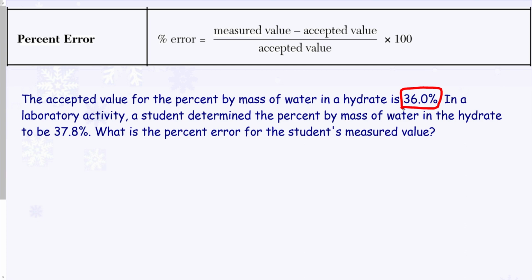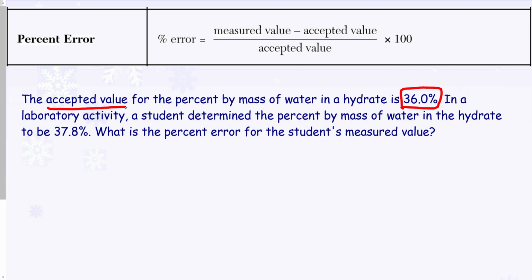When you underline or highlight a number, try to look next to that number, right? Try to look around. Next to that number, I realized that I have accepted value. So this 36% is my accepted value.